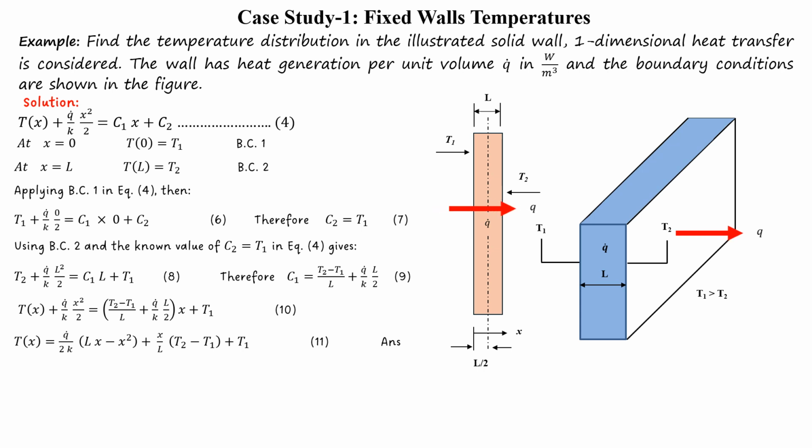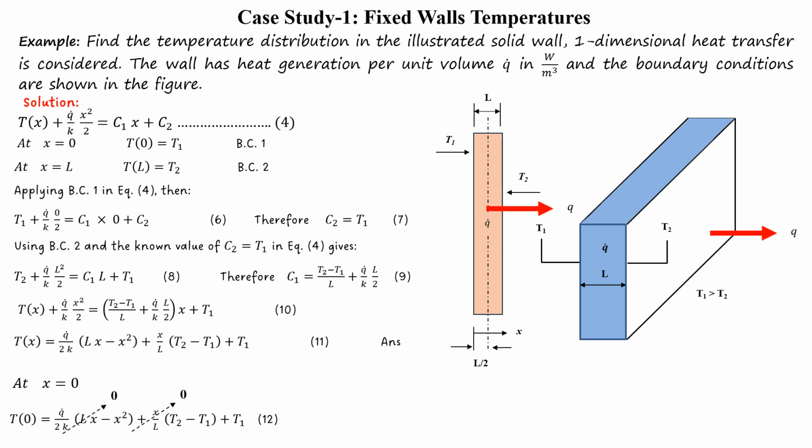We have to prove that this equation is correct. So when x equals 0, if we substitute x in equation 11, the first term on the right-hand side goes to 0, and the second term will go to 0.